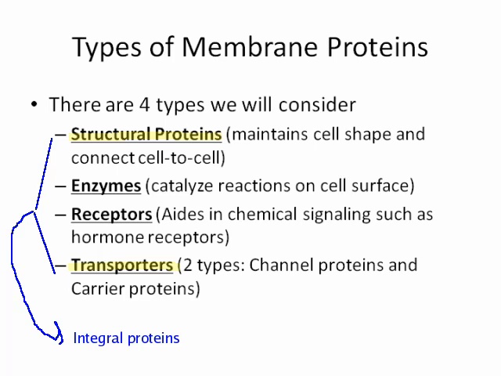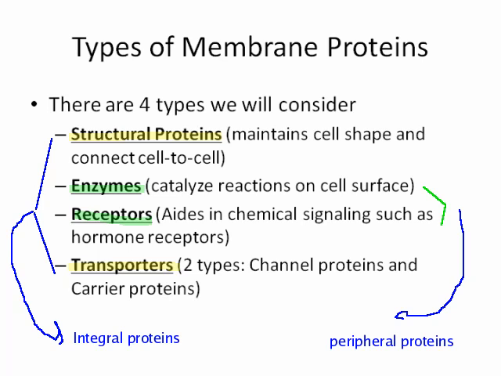And then we also have enzymes and receptors, which are going to be more commonly referred to as peripheral proteins.